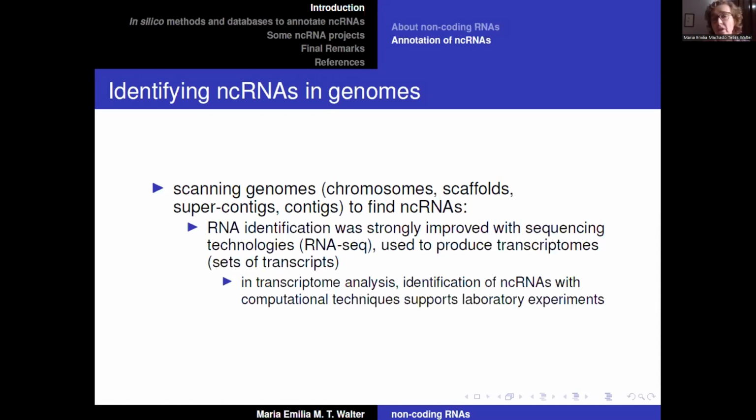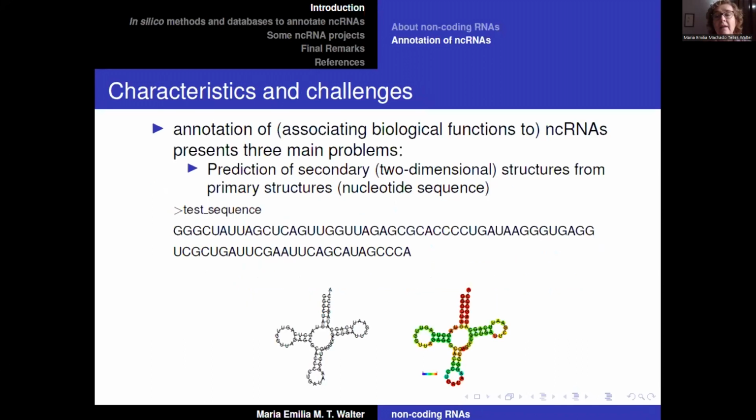Genomes here depend on the data you have, so you can have entire chromosomes or scaffolds or contigs, and this was strongly improved with RNA-seq, a sequencing technology used to produce transcriptomes, or sets of transcripts that are molecules expressed, as I said before.